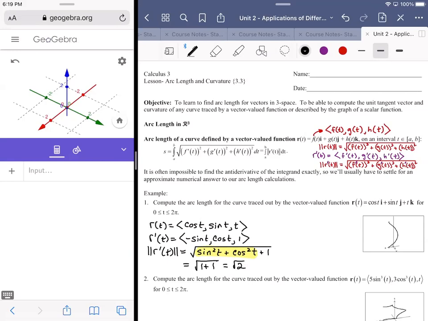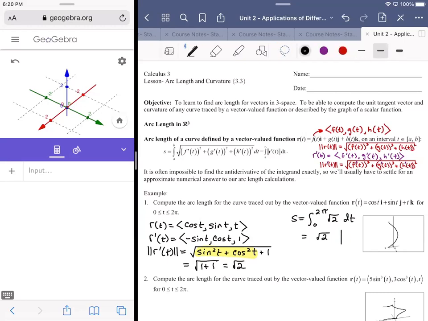So we now know that S, which stands for arc length, is going to integrate over the interval of 0 to 2 pi the square root of 2 with respect to t, which is going to give us the square root of 2. Let me move that over because I forgot to put the t in.